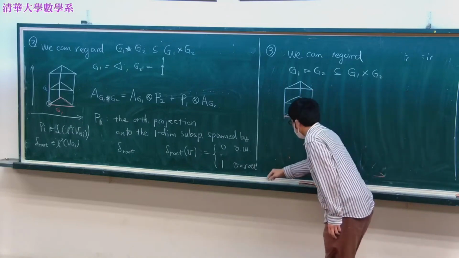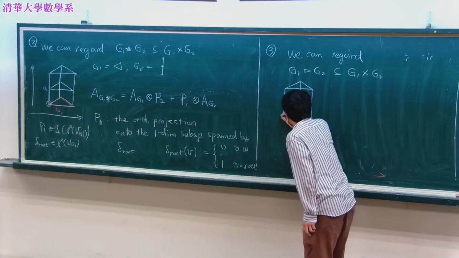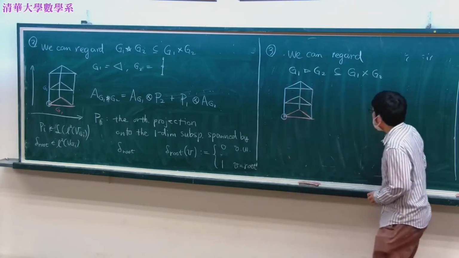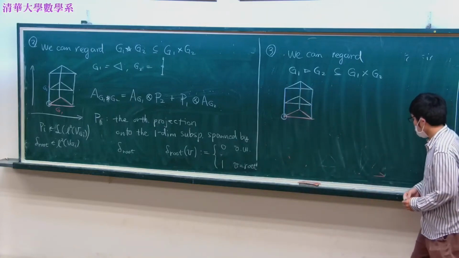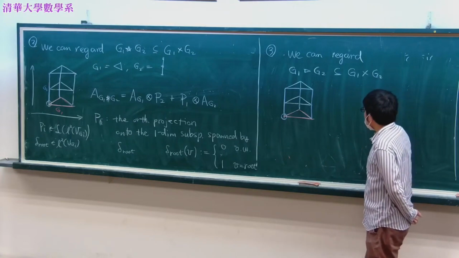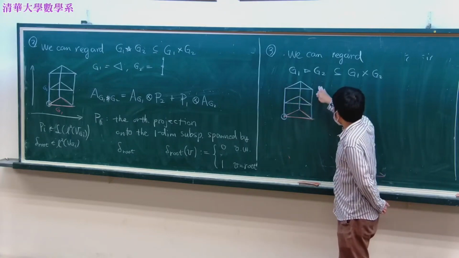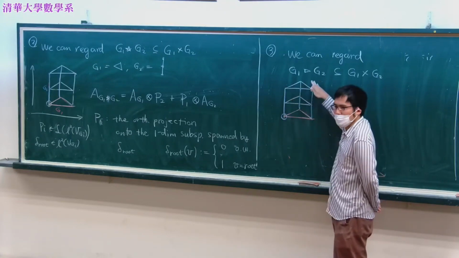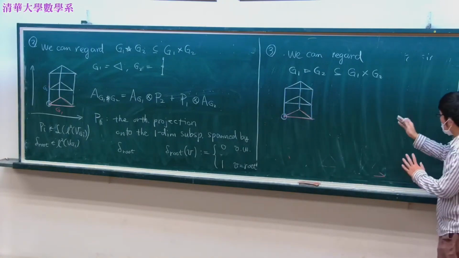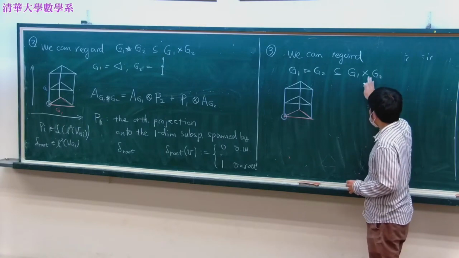And here is a root. And neglect the second floor and the third floor. This is a cone product, realized as a subgraph of a Cartesian product.